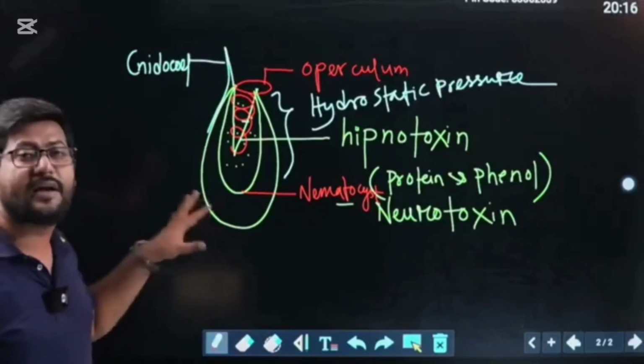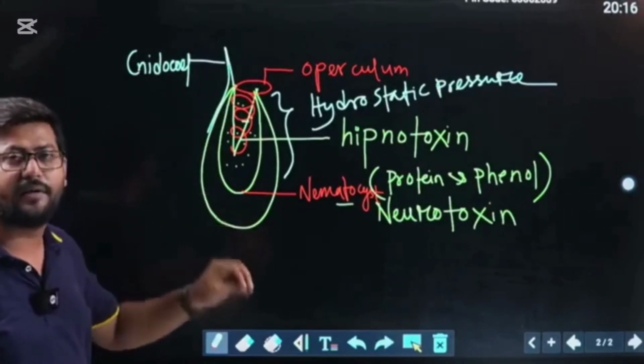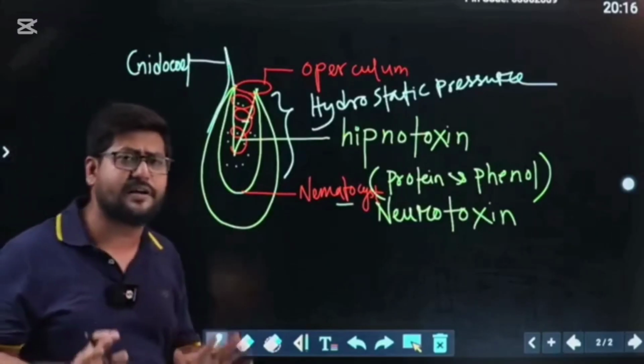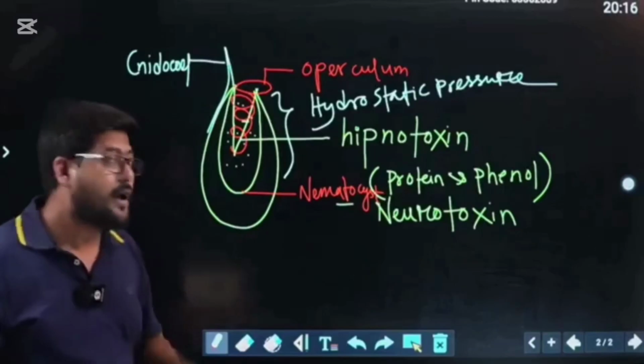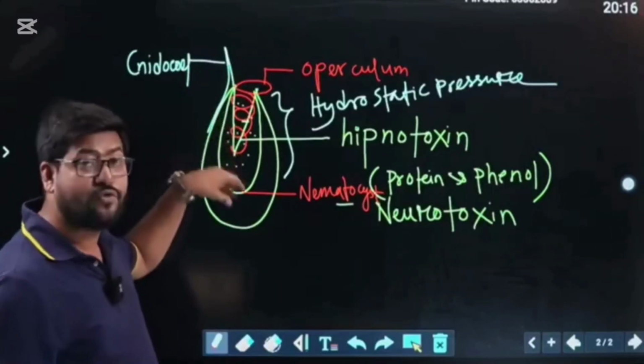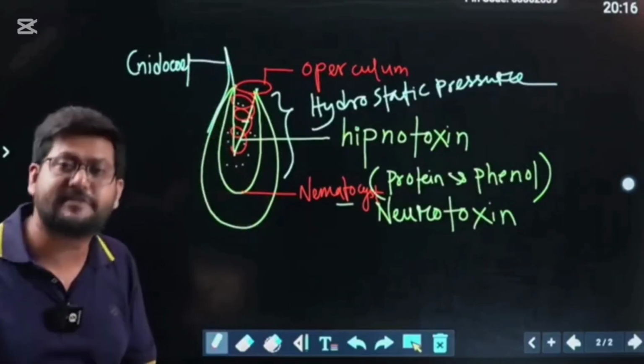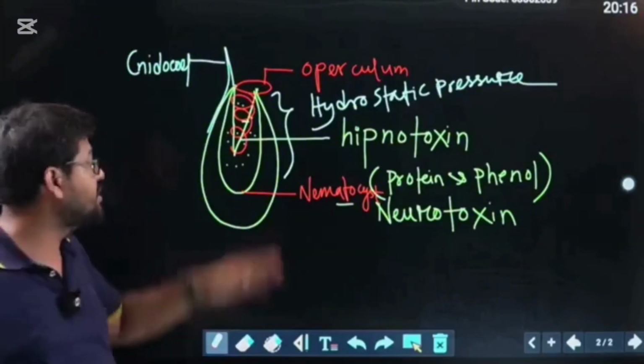This way it can hypnotize the animal. It helps in feeding, helps to protect from enemies, and, due to the hydrostatic pressure, sometimes it helps in locomotion. So what is the function of the cnidoblast cell?